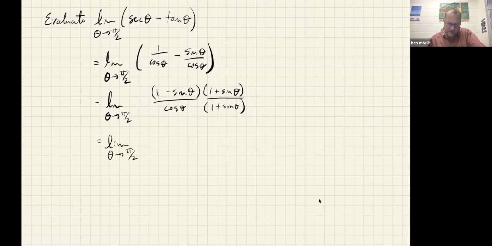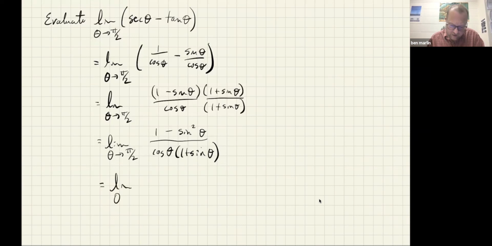The reason is that you then have the difference of squares to work out there, and your numerator has 1 minus sine squared. To which you say, I didn't really want that. It didn't help me. I still have 0 over 0. What's going on? But 1 minus sine squared, there's a nice trig identity that we ought to all be familiar with that makes that into cosine squared theta.